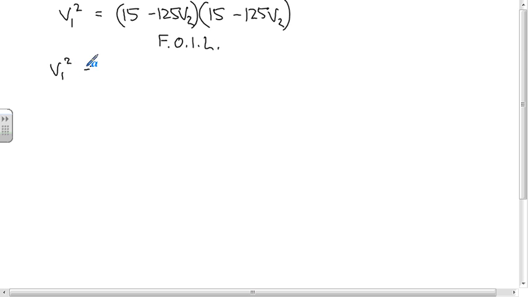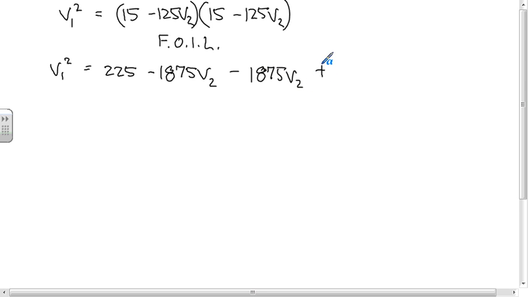So v1 squared is equal to, multiply the first, you get 225. Outside is 15 times negative 125 v2, so that's minus 1875 v2. Inside, you're multiplying these two, so that's minus another 1875 v2.